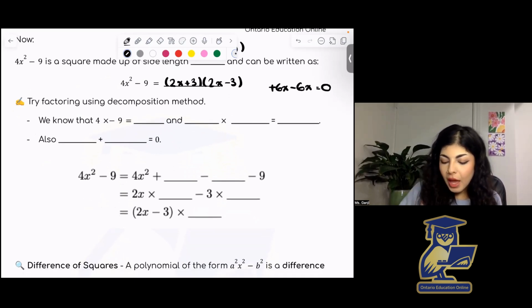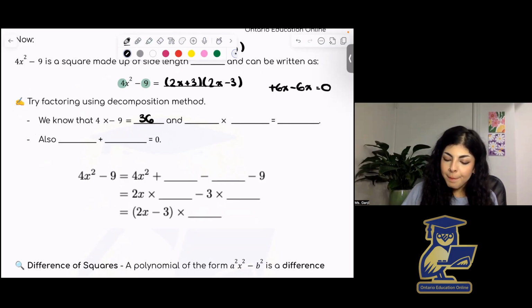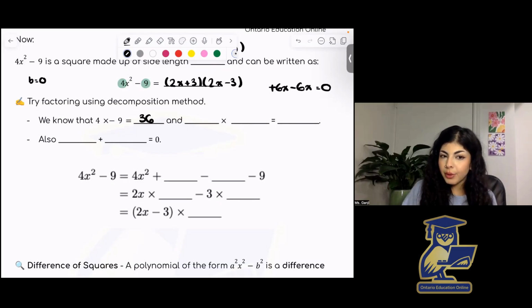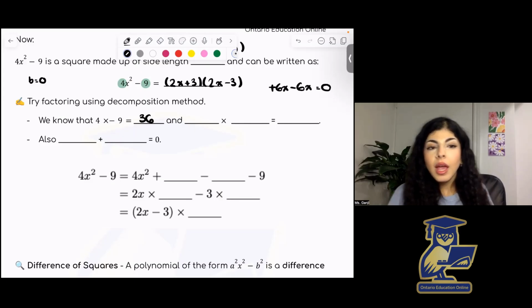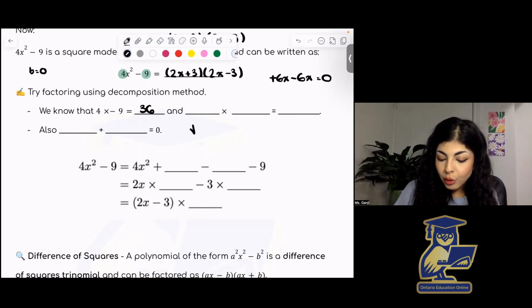So here, I first look at A and C. So we know that 4 times negative 9 is negative 36, but here B is 0. But how would that work? The key thing here is that 36 is a perfect square. So 36 has plus or minus 6 as its square root.